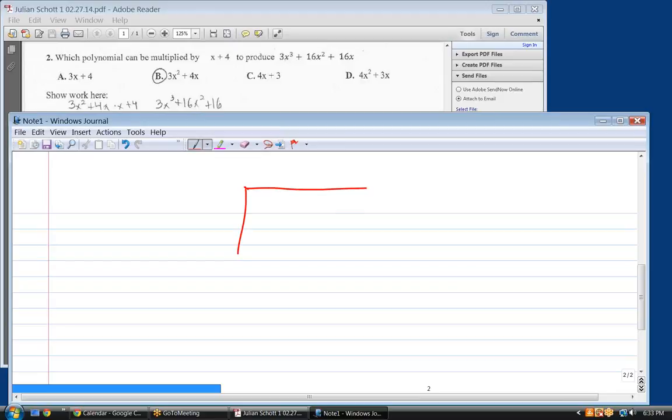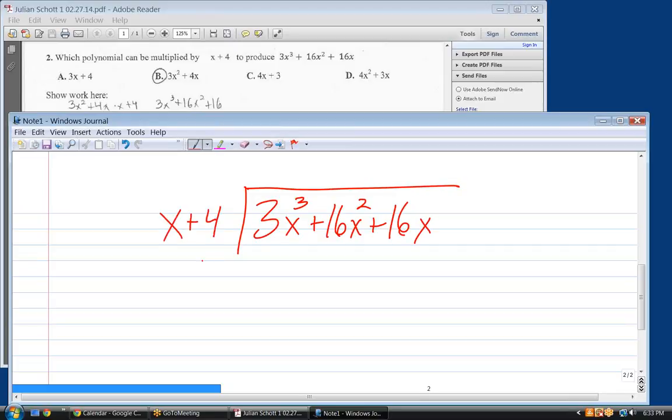So we want to do long division. We want to put the polynomial in here. And we want to divide by x plus 4. Do you know how to do long division with polynomials? I don't think so. Okay, it's relatively straightforward.